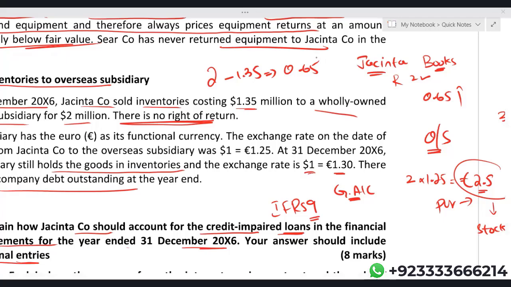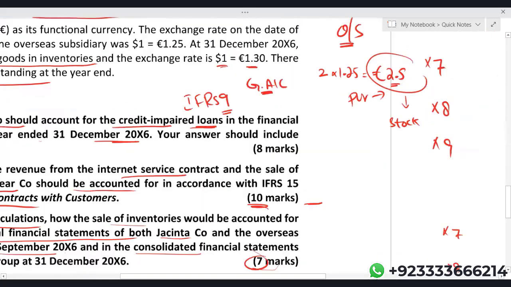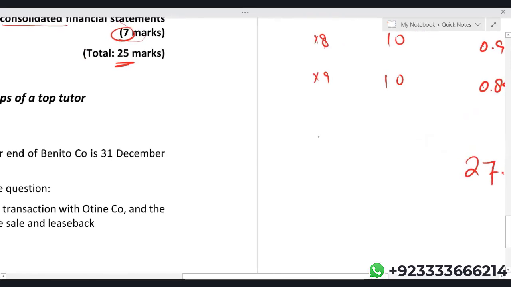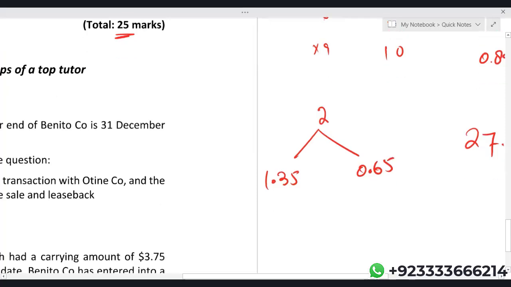Okay. Now please try to understand one point. Actually, the stock was sold for 2 million. Out of that 2 million, 1.35 million is the cost of the stock and 0.65 million is the unrealized profit. On day one, the exchange rate was 1.25.